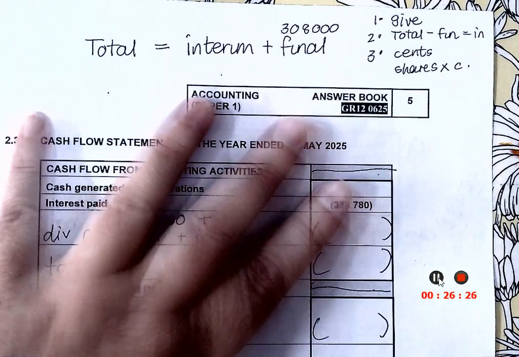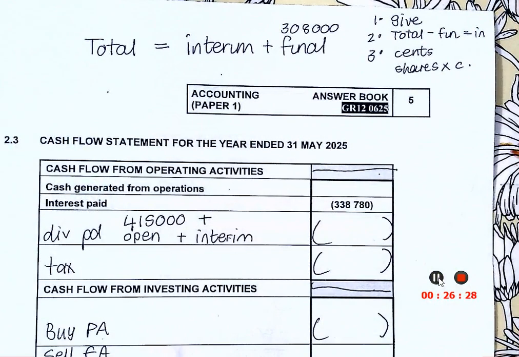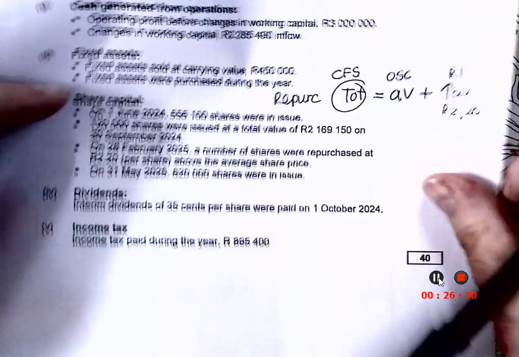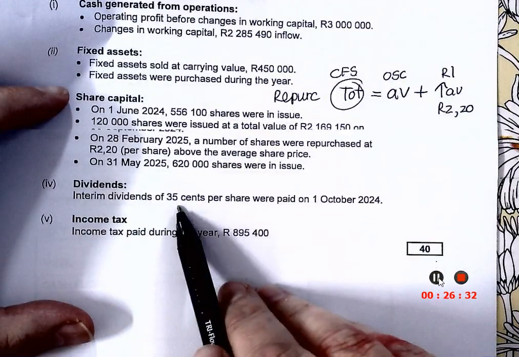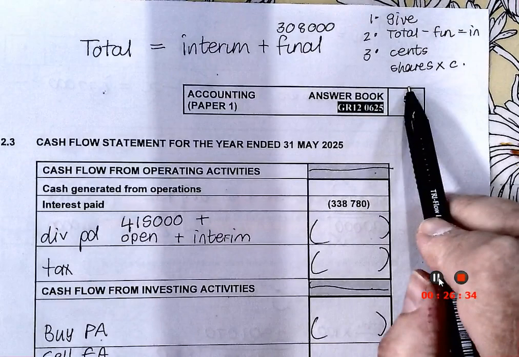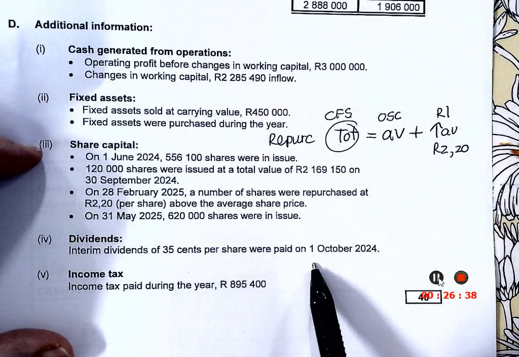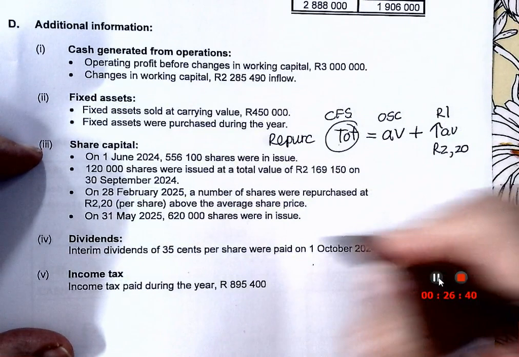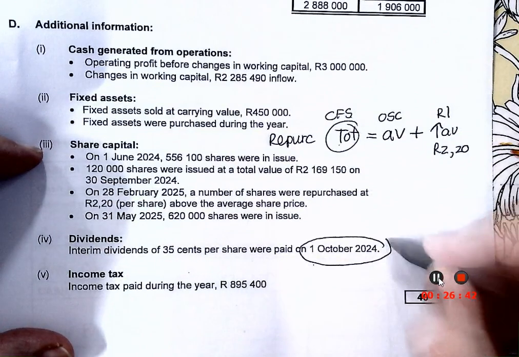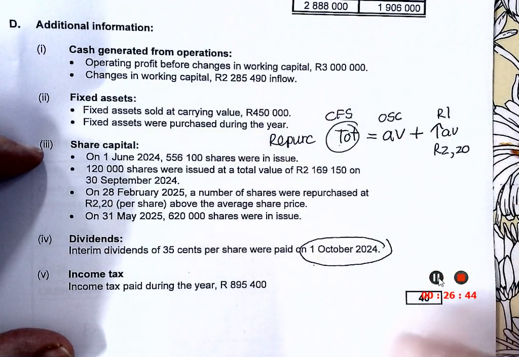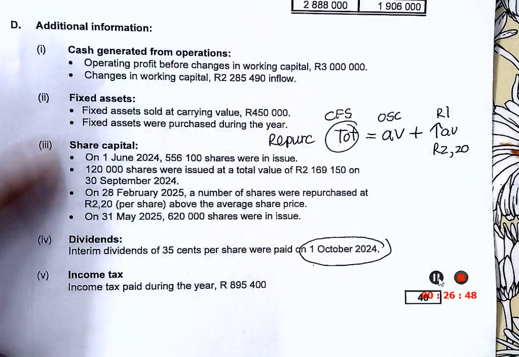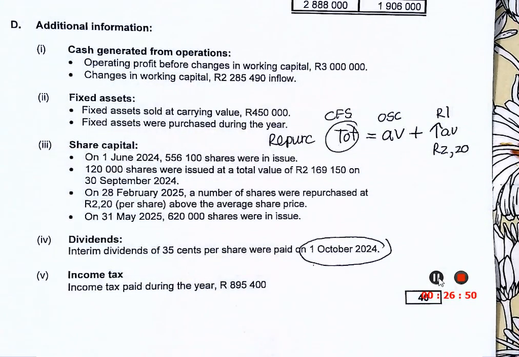So now let's see. Here they say interim dividends of 35 cents. You see it's the third one. Of 35 cents per share were paid. Now, can you see they give me a date? Because they tell you a date, you want to go back here to the share capital. So, can you quickly draw for me a line where the 1st of October falls?